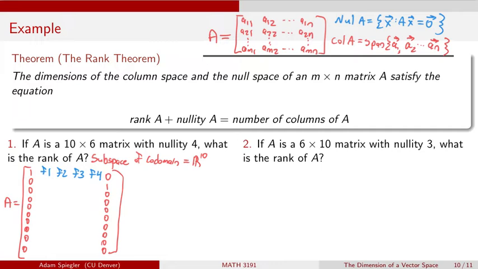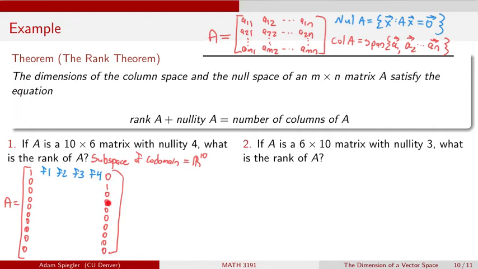And so here's one way that matrix A could shake out. So it has 10 rows and 6 columns. So maybe the first column has a pivot. And then we're told that the nullity of the matrix is 4, so we must have 4 free variables. Let's just say the second column is free, the third column is free, the fourth column is free, and the fifth column is free.